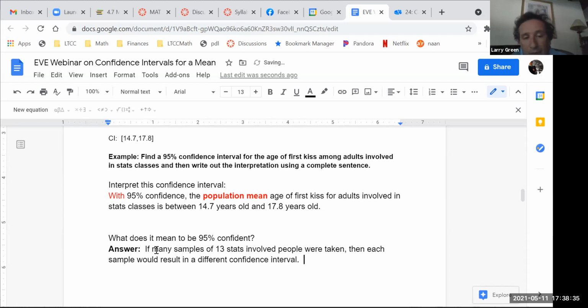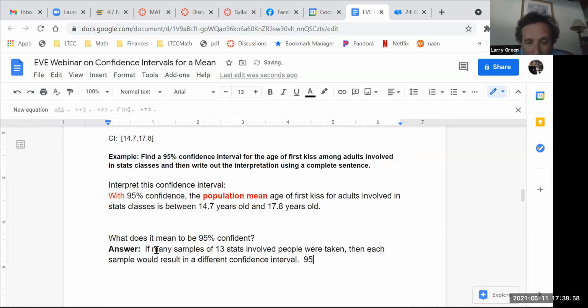So again, we asked 13 people today and we got 14.7 to 17.8. Well, if I asked a different 13 people tomorrow, I might get 14.2 to 16.5. Who knows? And then if the next day I asked a different 13 people, I'd get a different confidence interval. Every time you ask 13 people, you'll get another confidence interval.